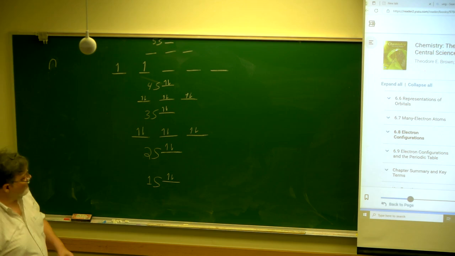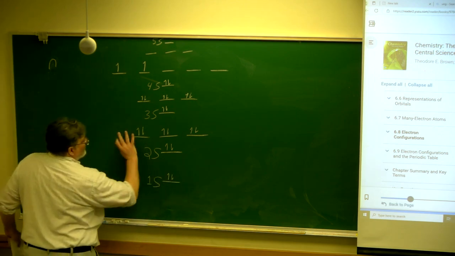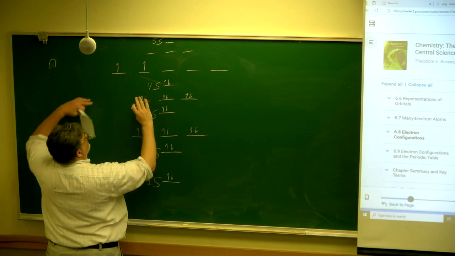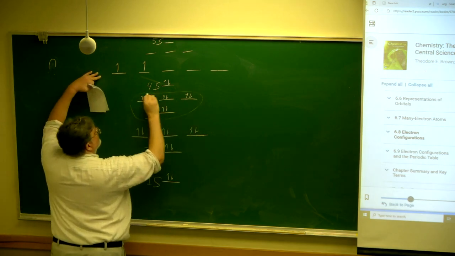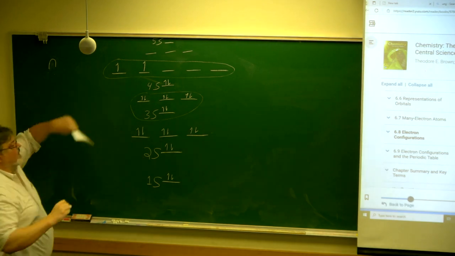All right, so for any one of these, you've got your number 1 level, your number 2 level, your number 3 level, but it's split up into this and this, or I'll go with the 3 level.